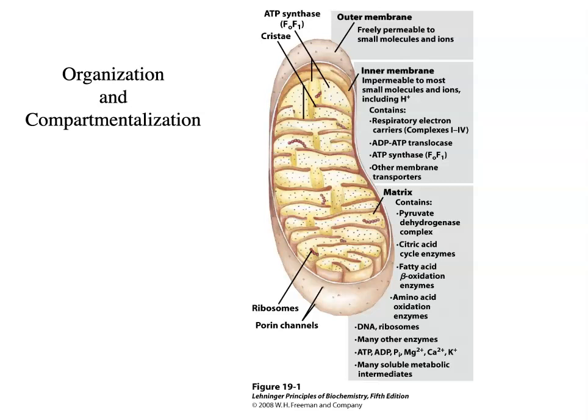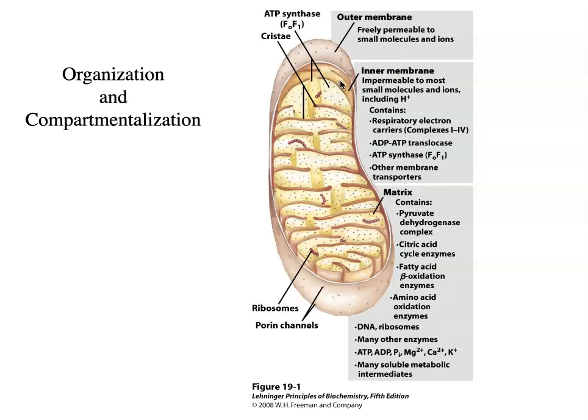Alright, so anatomically speaking, the mitochondria is made out of an outer membrane, which is fairly permeable, especially for small molecules, ions, etc. But then underneath is the inner mitochondrial membrane, and that membrane is very selective, and not many things can pass through it. I mean, even protons are not allowed to pass through it.